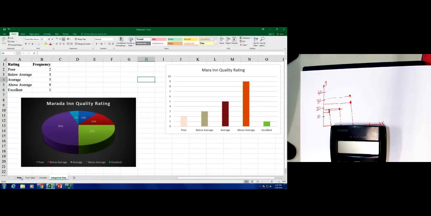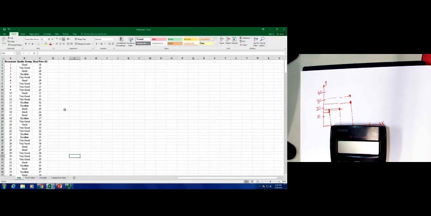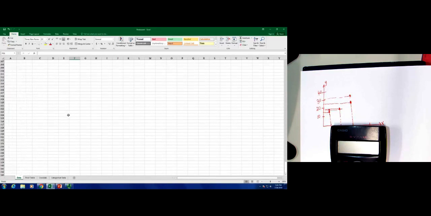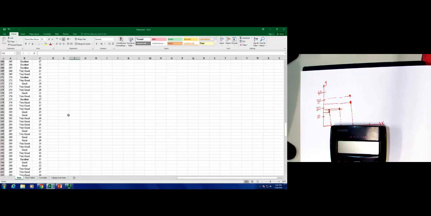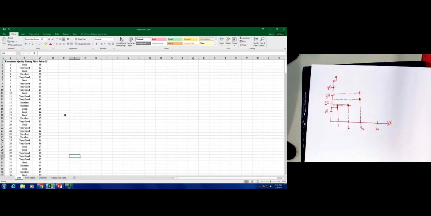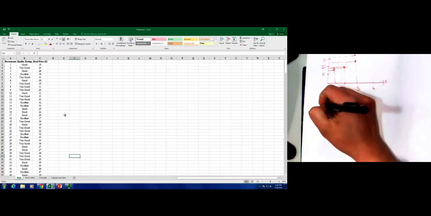Now we will discuss one example. Here, data showing the quality rating and typical meal price collected for a sample of 300 restaurants in the Los Angeles area. Now how can we summarize this data? We have two variables, meal price and quality rating.